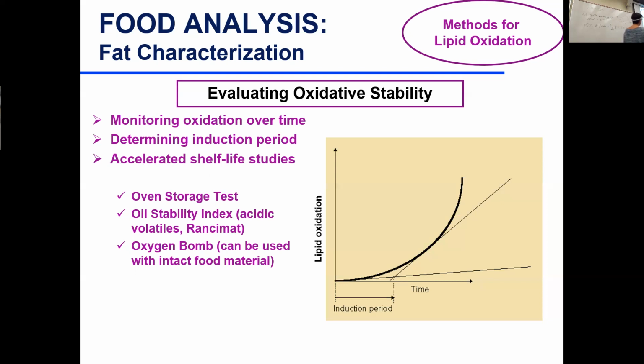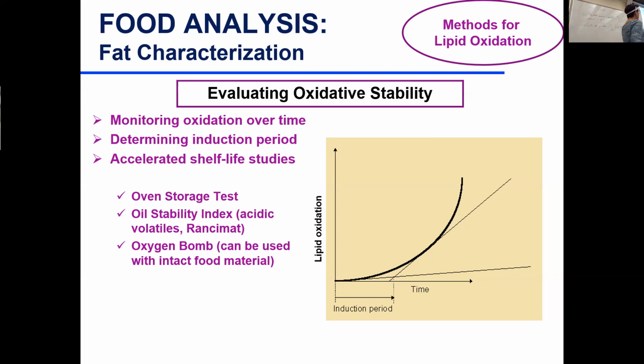All right, so there are different ways that we accelerate shelf life, that we do accelerated shelf life studies. The most common one is the oven storage test. And that's what your oil samples will be subjected to.